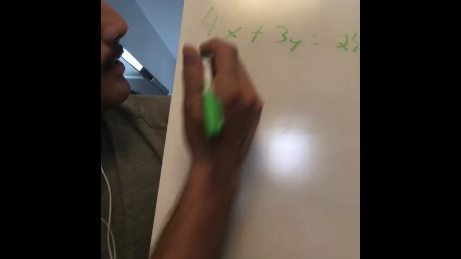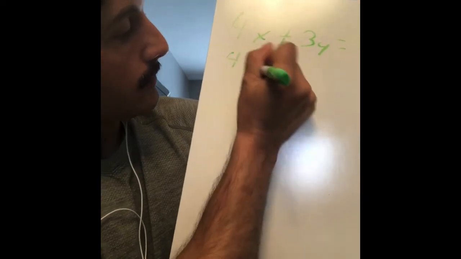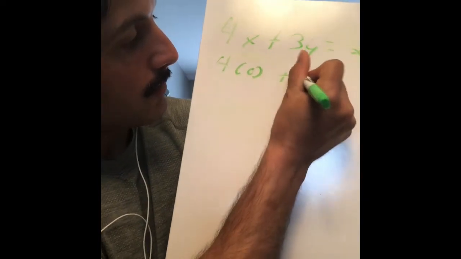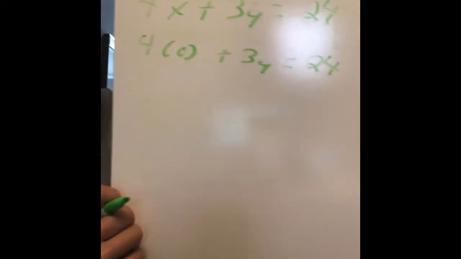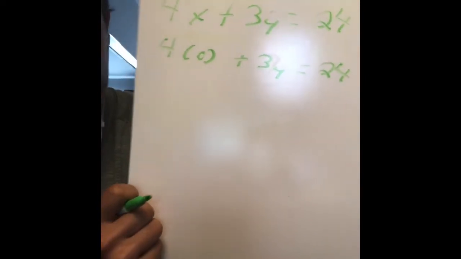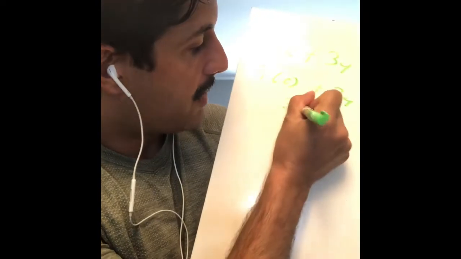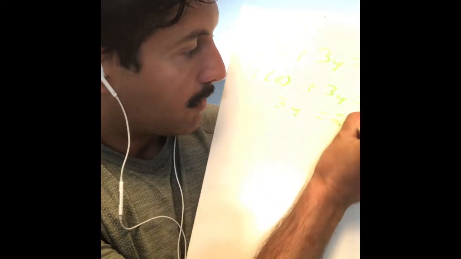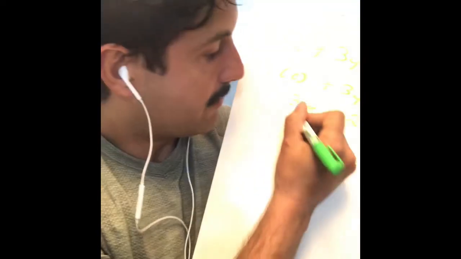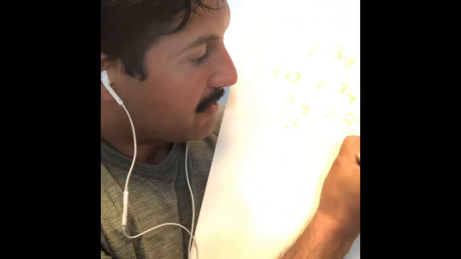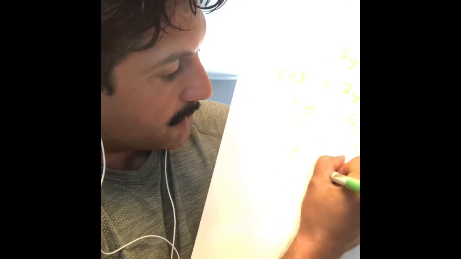So I'm going to sub in 0. I'm going to simplify. Divide by 3, divide by 3, y equals 8.